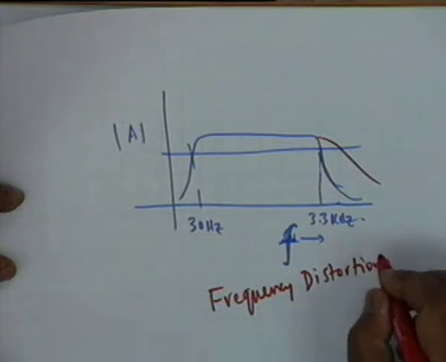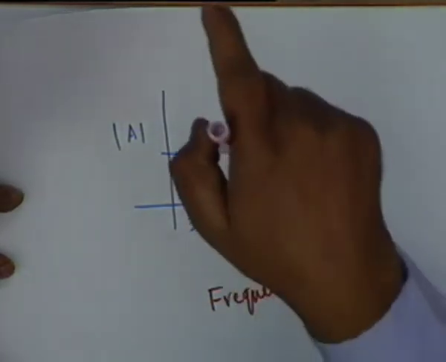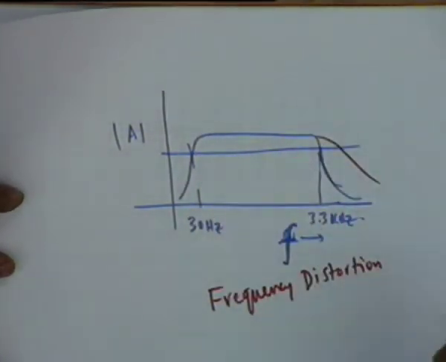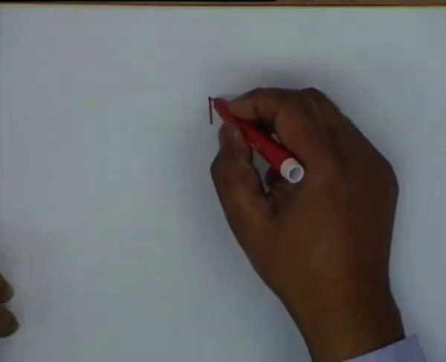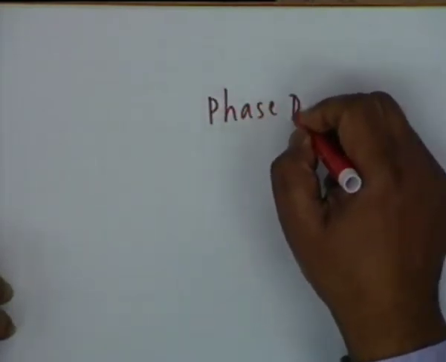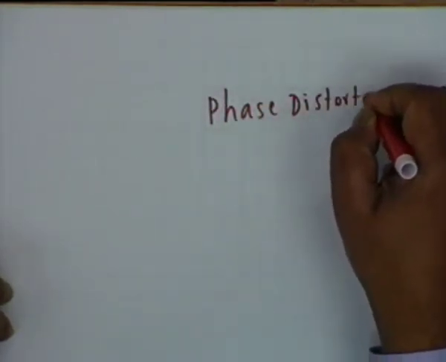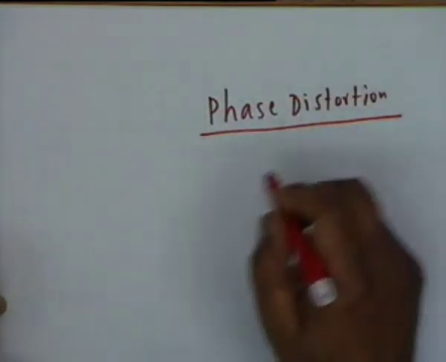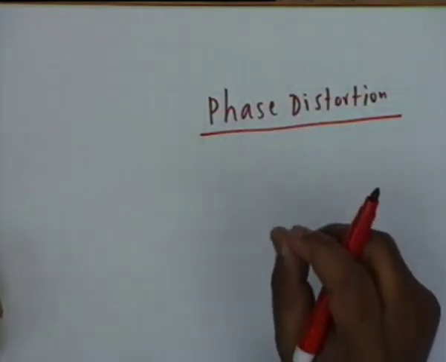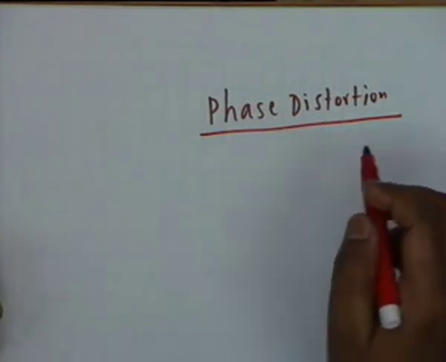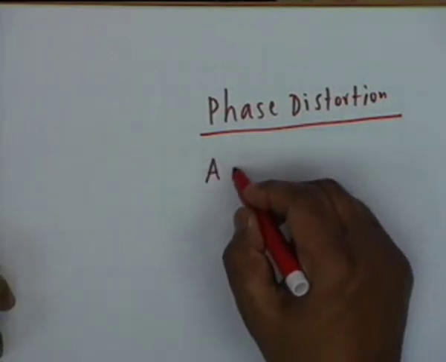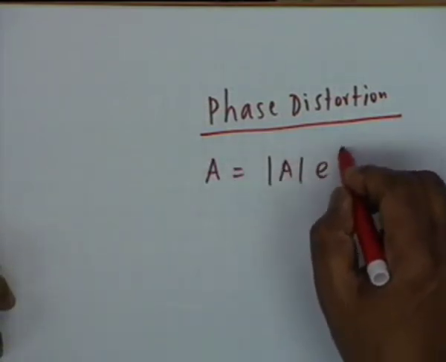We have discussed two kinds of distortion. One is amplitude distortion and the other is frequency distortion. There is still a third kind of distortion that one has to bother about, and this is the so-called phase distortion. I shall simply state this without proof, that phase distortion has to do with the angle theta.